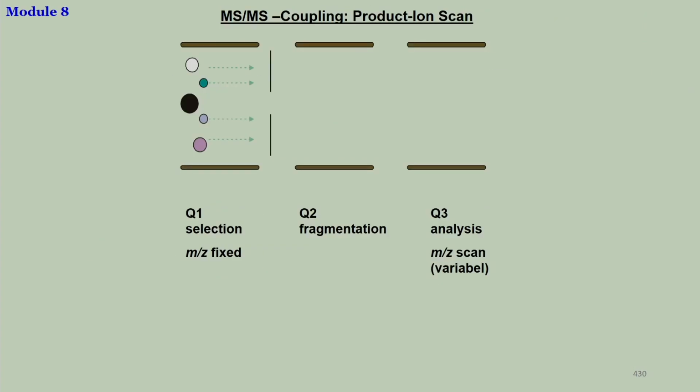So you have a set of masses 1, 2, 3, 4, 5, for example. So 4 quadrupoles are there. In the first quadrupole you fix a definite M by Z, so only this is selected to go to the next quadrupole, and here it will be fragmented.